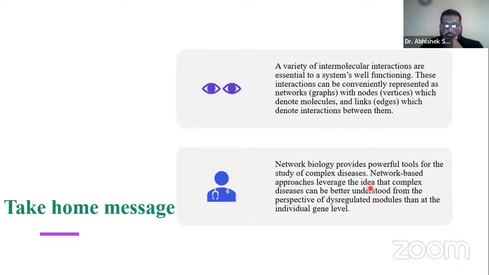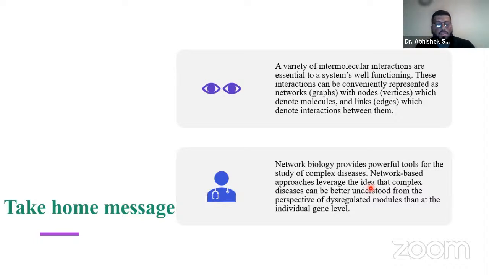Now we have come almost to the end of this talk. What is the take-home message? In recent years, systems biology approaches, and more specifically network-based approaches, have emerged as powerful tools for studying complex diseases. These approaches are often built on the knowledge of physical or functional interactions between molecules, which are usually represented as an interaction network.